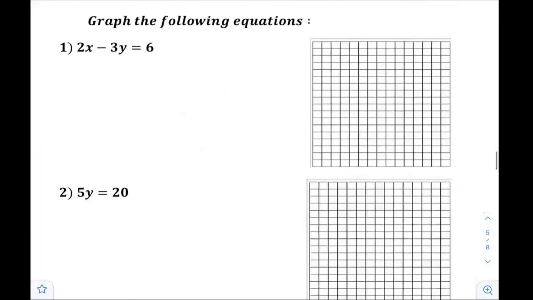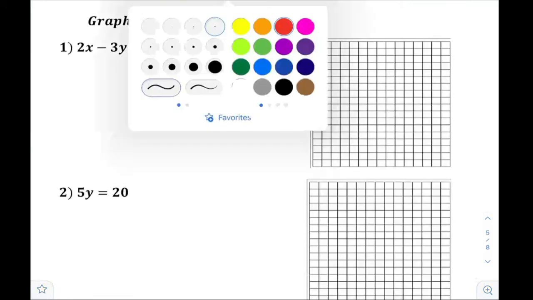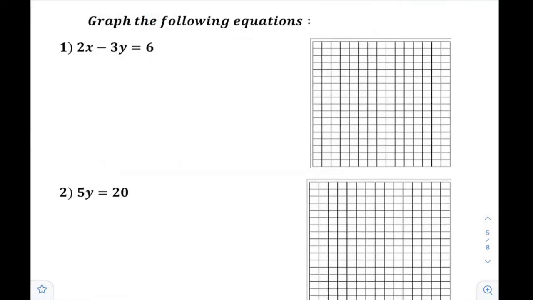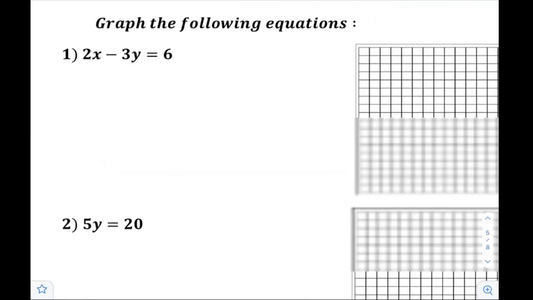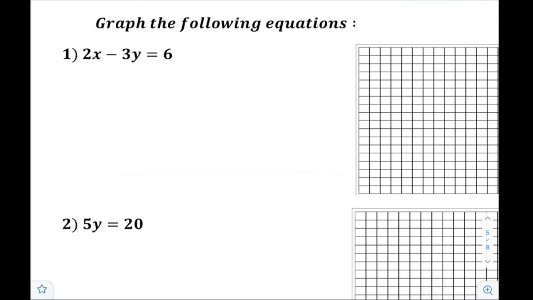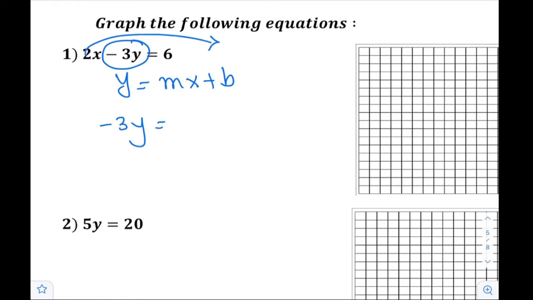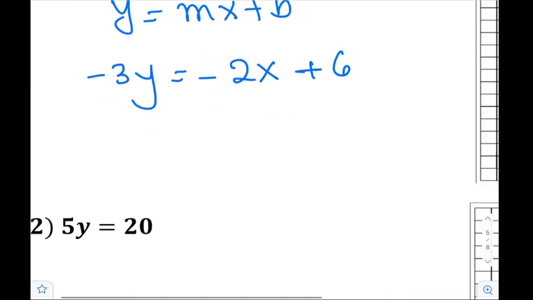Now, what if you are asked to graph this equation? As you see, it's not written in slope-intercept form, so I need to modify it. I need to solve for y. We need to write it in the form y equals mx plus b. So I will leave this alone, and I will shift the 2x to the other side. This was positive here. It moves to the negative 2x plus 6. I need y alone, so I will divide everything by minus 3.